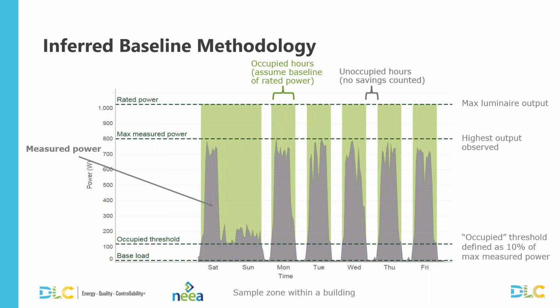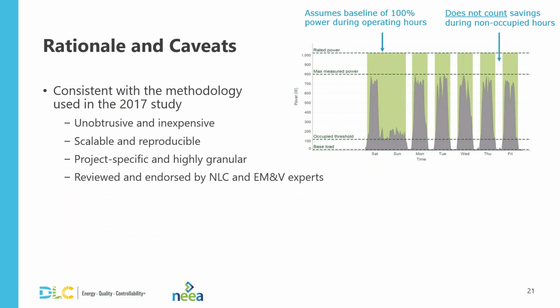Conversely, if the normalized measurements are below the occupied threshold, i.e. the unoccupied hours, then the baseline is assumed to be equal to the normalized measurements. In other words, no savings are assessed in this case. And the difference between the inferred baseline and the normalized hourly NLC energy measurements, the light green area in the illustration here, is the savings attributable to NLC systems.